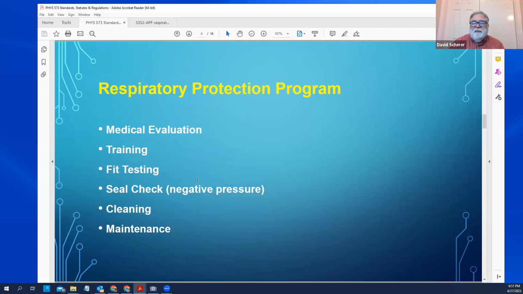There has to be fit testing. Respirators, particularly negative pressure respirators, have to have a tight seal around your face. You can't have beards like me. With this grooming, I'm not able to wear a negative pressure respirator that would be appropriately fit tested.